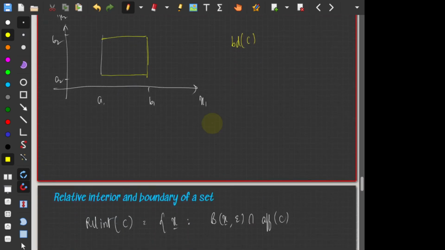Okay, but now if I look at R2, what is the interior of, let's say, a line segment in R2? So, okay, we're looking at R2. My set in R2 is basically some line segment. What is the interior of a line segment in R2?